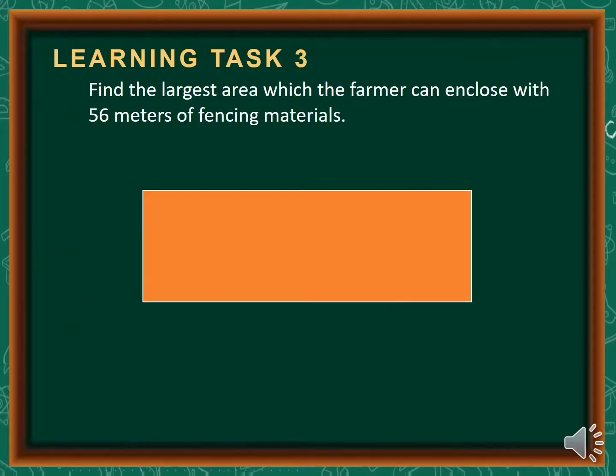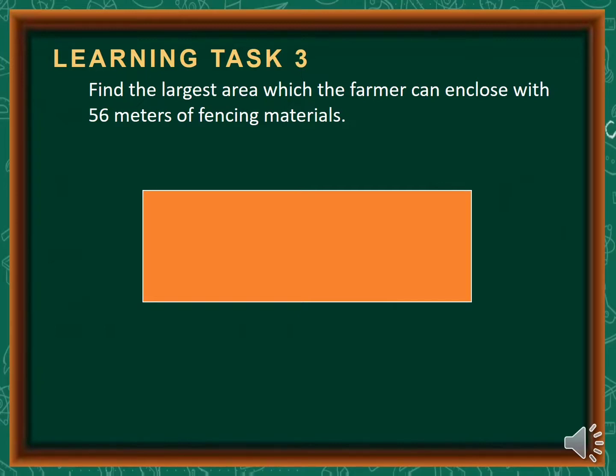And lastly, for your learning test number 3 on the same page, page 38, find the largest area which the farmer can enclose with 56 meters of fencing materials. Meaning, meron siyang total of 56 meters of fencing materials. Ang tinatanong is, or your task is to find the largest area na kayang makuha or ma-enclose nung farmer niya with that fencing materials.